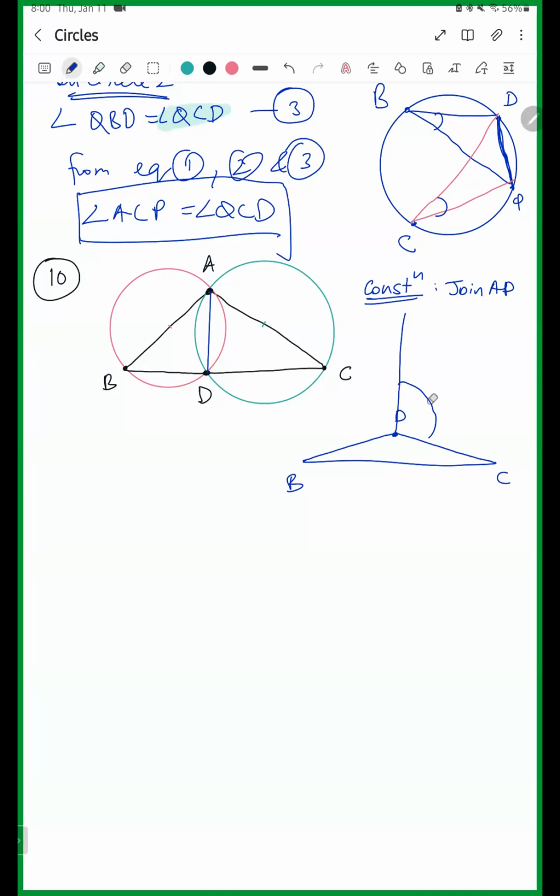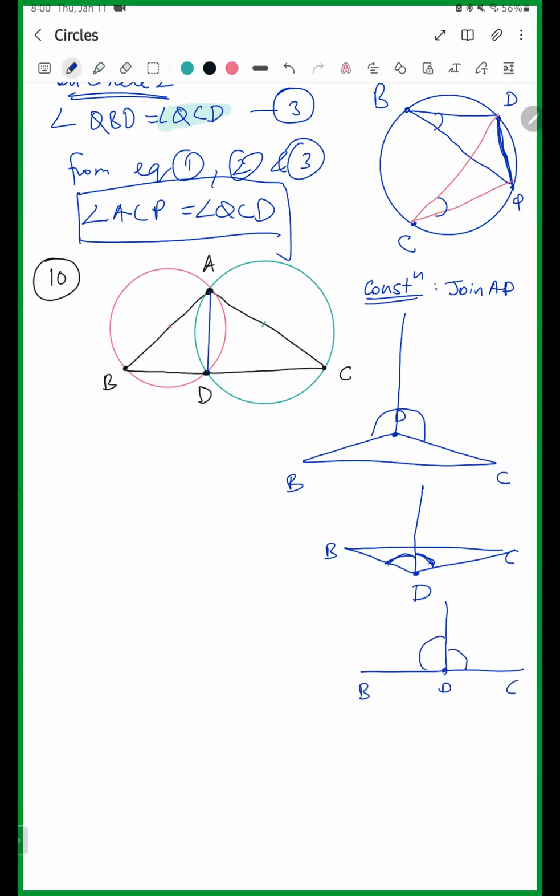See over here, the sum of these two angles is greater than 180, right? Let's say the point D is somewhere over here. Then again, the sum of this angle and this angle will not be equal to 180. It will be less than 180. Or in this case, it is greater than 180. So if the point lies exactly on the line, then the sum of these two angles will be exactly 180 degrees.